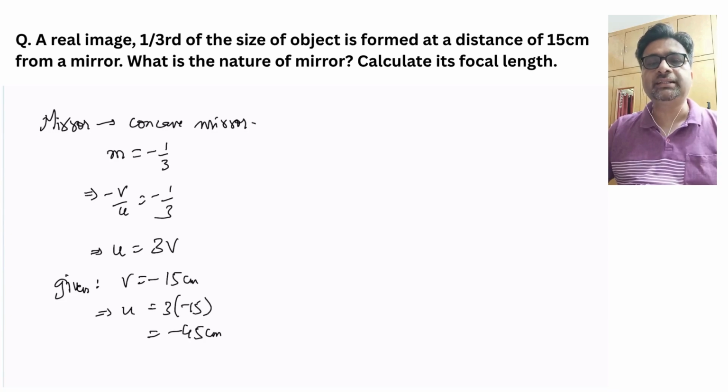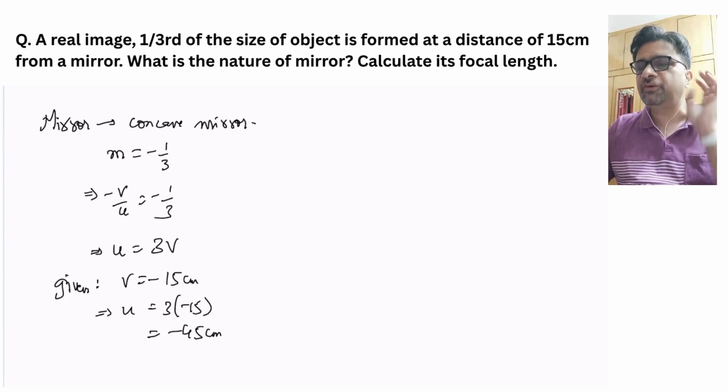I repeat, the focal length is going to be less than 45 centimeters because this is a real image. If the focal length had been greater than 45 centimeters, it would mean that the object is in between the focus and the pole, which means it would make a virtual image. But the fact that this is a real image, we know in advance.